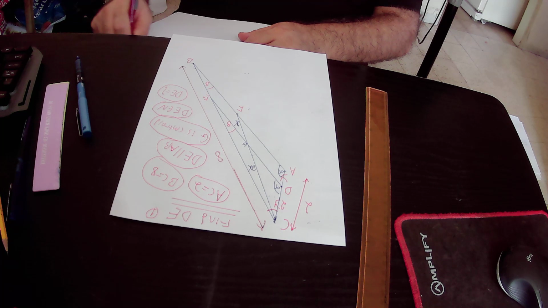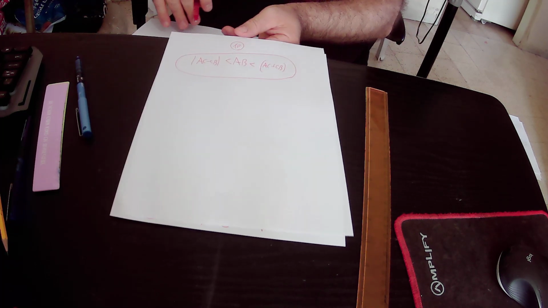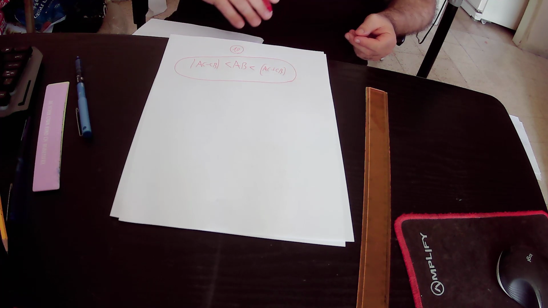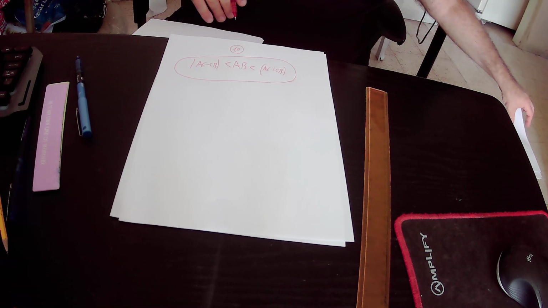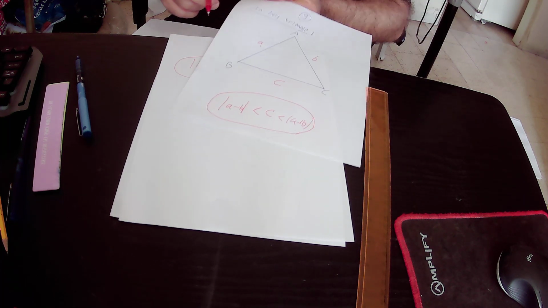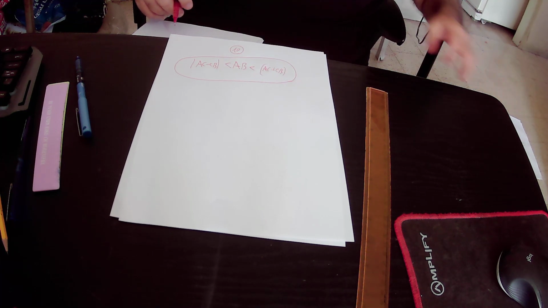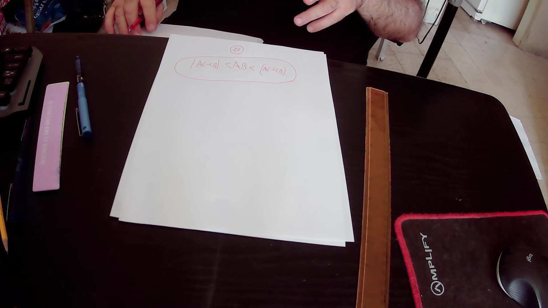Okay, so this inequality is the implementation of this rule in our specific triangle ABC. AB is smaller than the sum of the other two sides, and AB is bigger than the difference between the two other sides of triangle ABC.